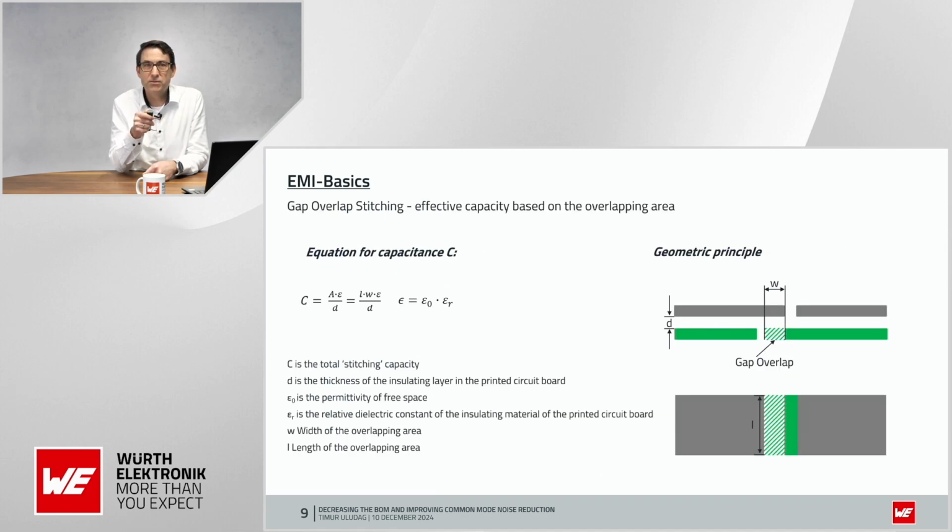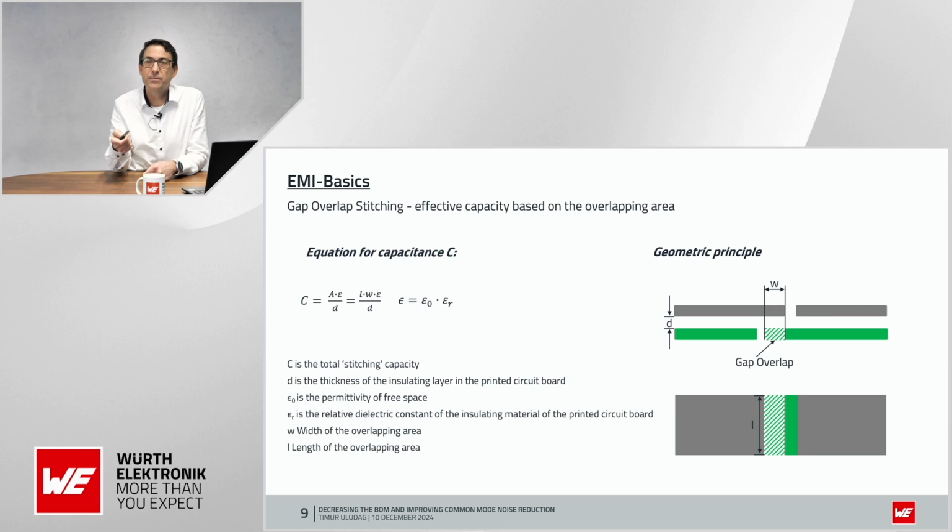Last but not least, we need the equation and also the understanding about what a stitching capacitor is. There are a lot of ways to make a stitching capacitor. We will go here for a gap overlapping stitching.